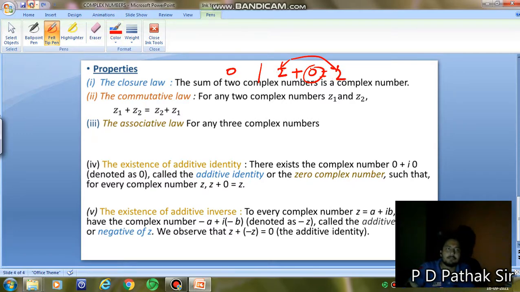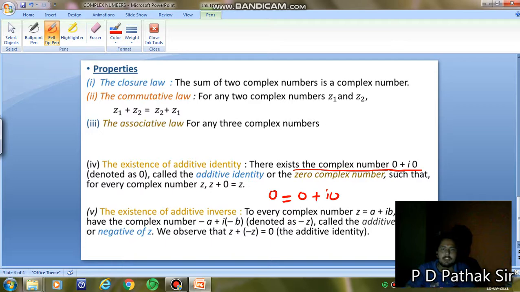Similarly, for complex numbers we also have to study the existence of additive identity. There exists the complex number 0 plus iota 0, which is denoted by 0. 0 equals 0 plus iota 0 in complex numbers and is called the additive identity. Why? When you add this 0 to any complex number, you always get that complex number, where z means a plus iota b.